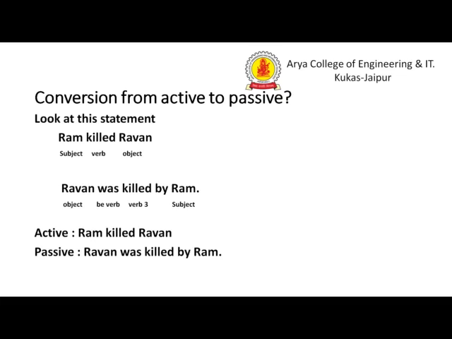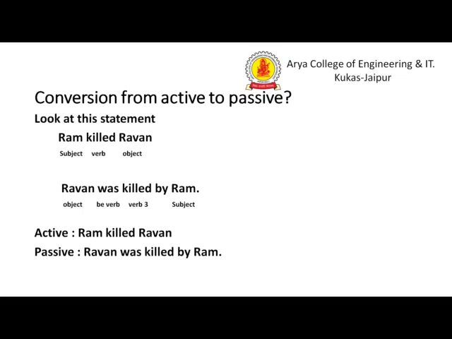Ravan, the object, becomes the subject. The rule says that when we are converting active to passive voice, the object becomes the subject. So we are using Ravan as a subject.